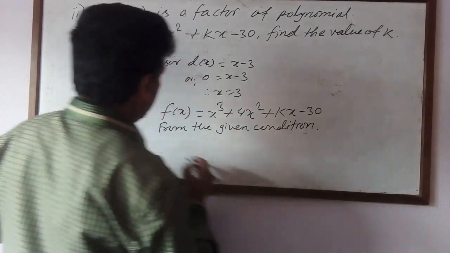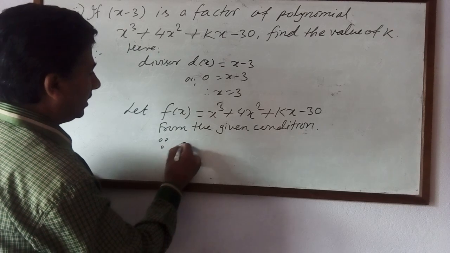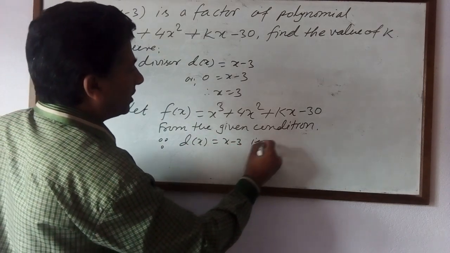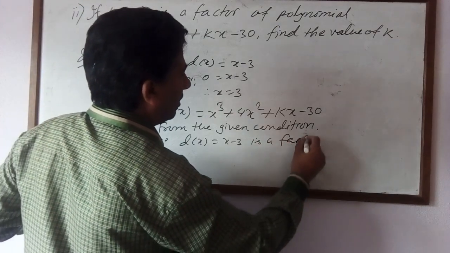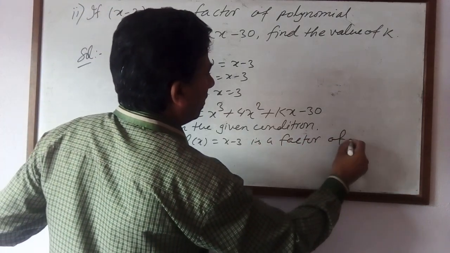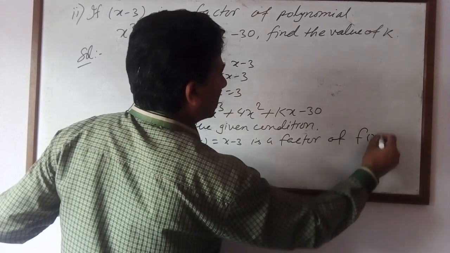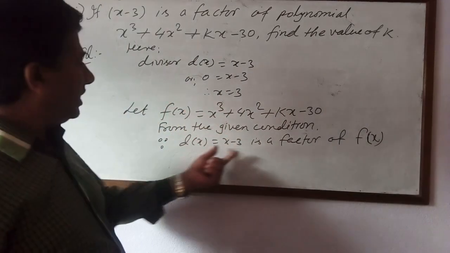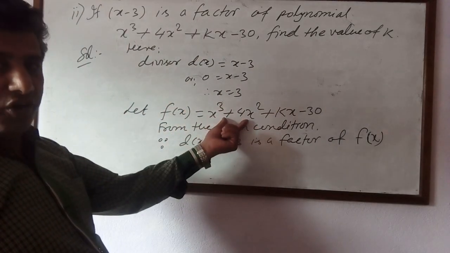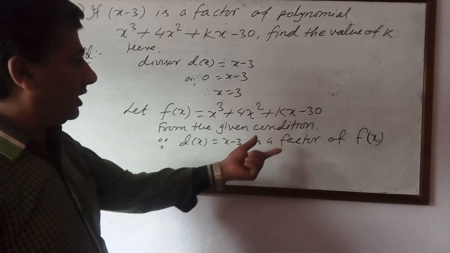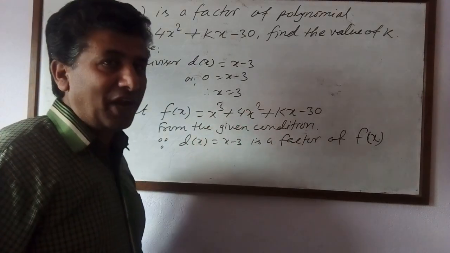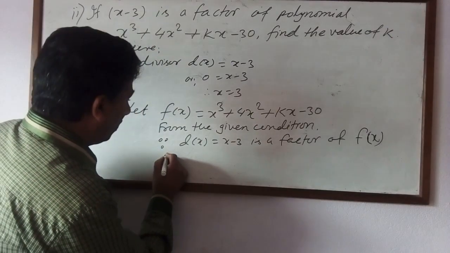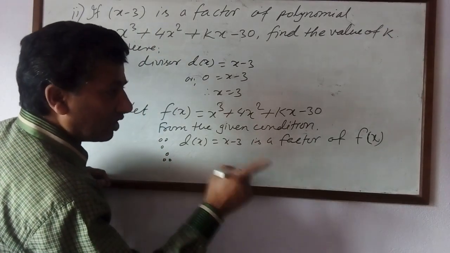From the given condition, since d(x) equals x minus 3 is a factor of the given polynomial f(x), we use the converse of the factor theorem.